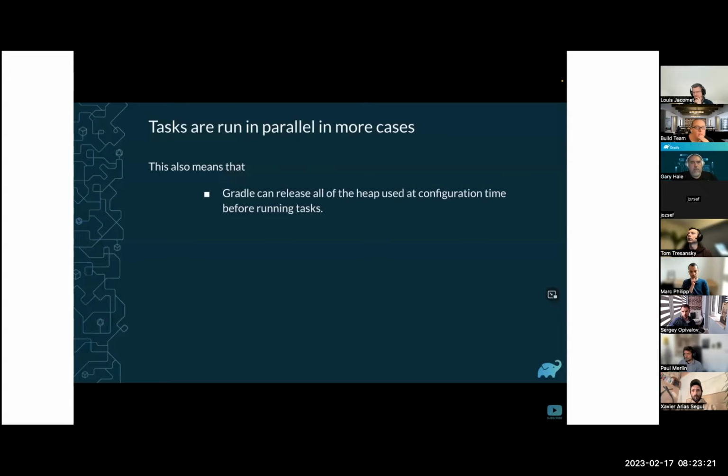Finally, this change also means that Gradle can release all of the heap that it uses at configuration time before it starts running tasks. And this can really reduce the maximum amount of heap that Gradle requires to run your build. Here we have a build that allocates a large amount of heap at configuration time, and then also has a task that allocates a large amount of heap at execution time. Let's try this with Gradle 7.6.